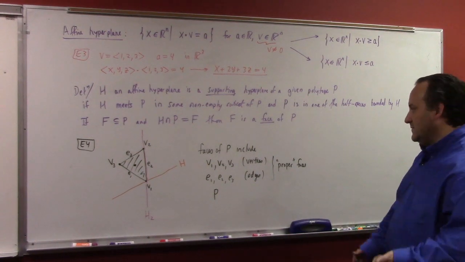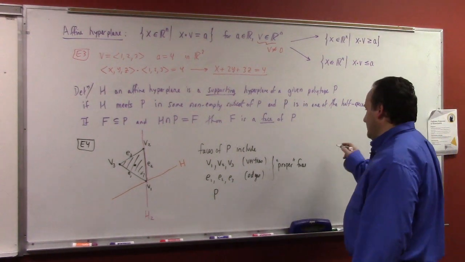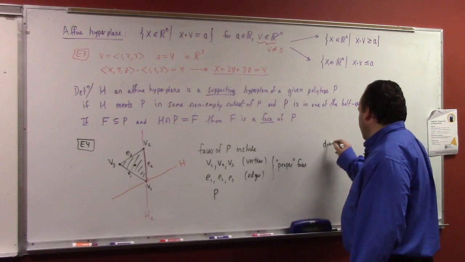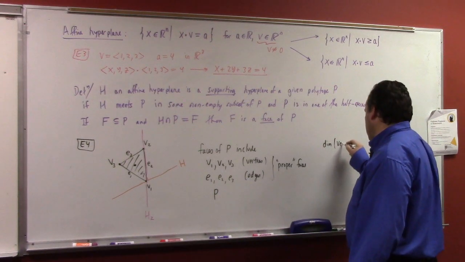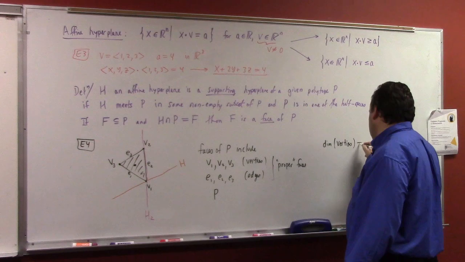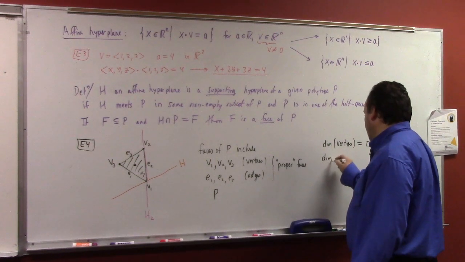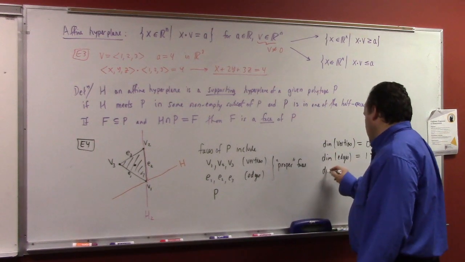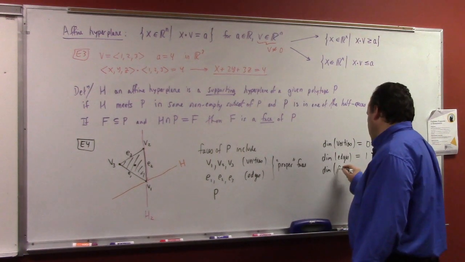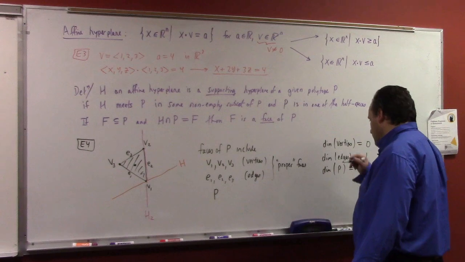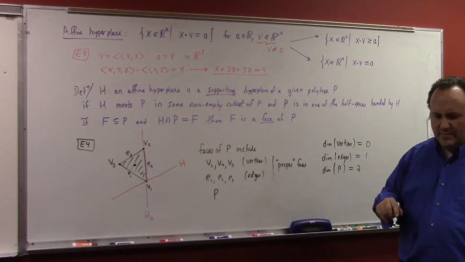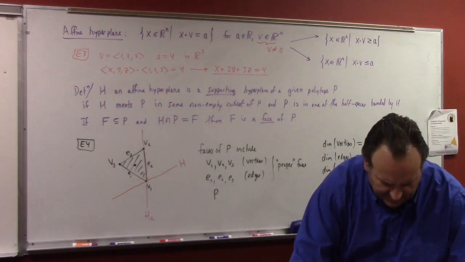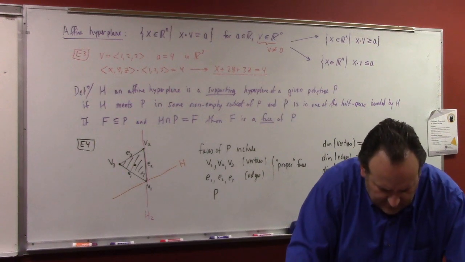But anyway, I'll just say this: the dimension of the vertices is 0, the dimension of the edges is 1, and the dimension of P is obviously 2. Well, I'm not sure that's right. Let me hold off on that. I'm not sure I could say the dimension of P is 2.